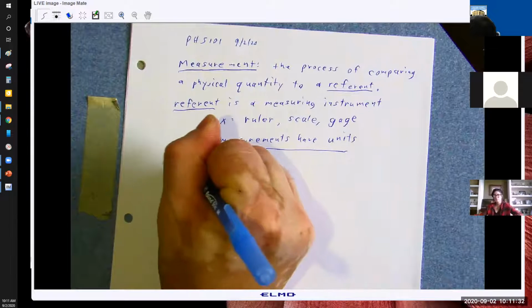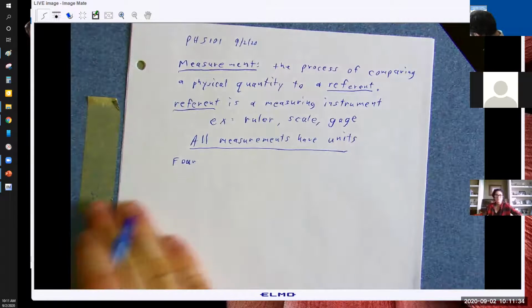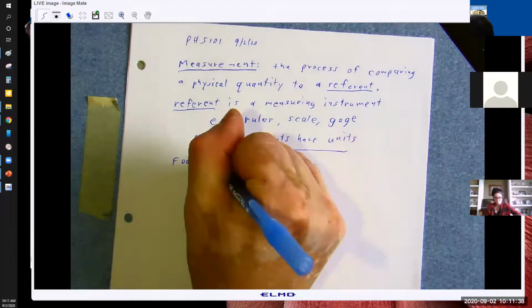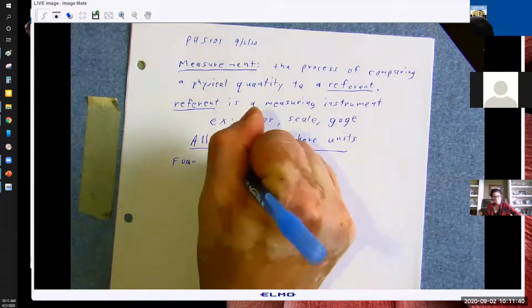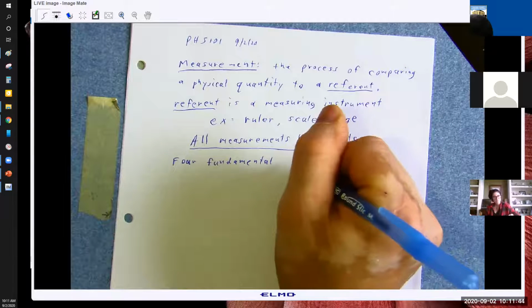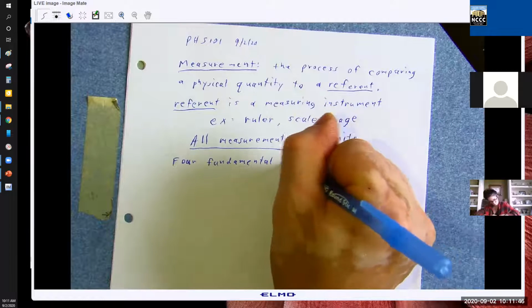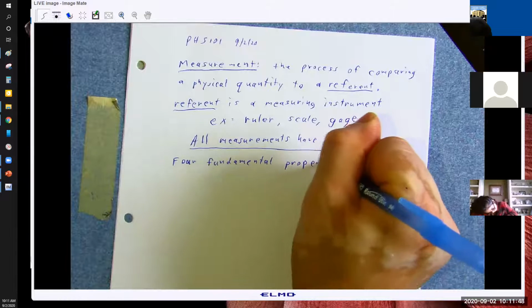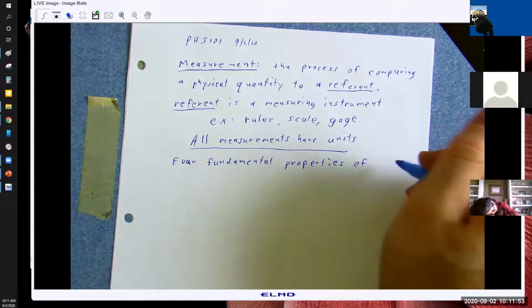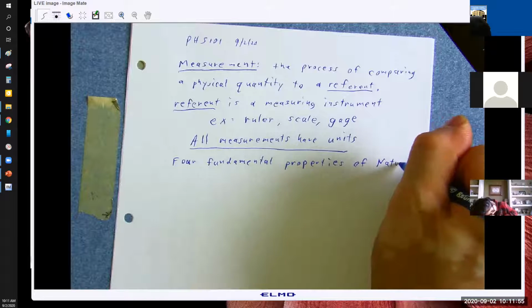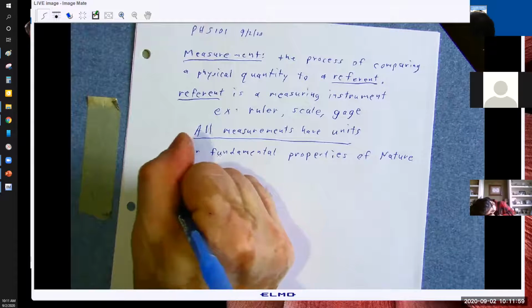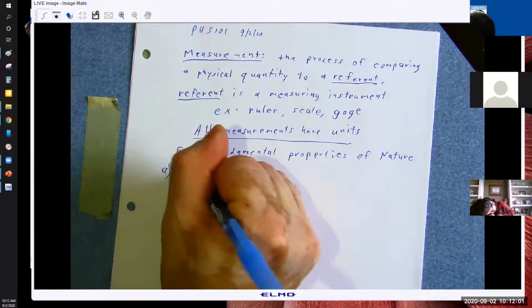There are four fundamental properties of nature. And those are what give rise to the units we use, right?